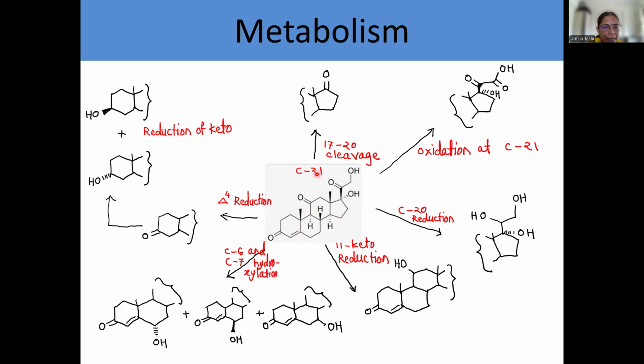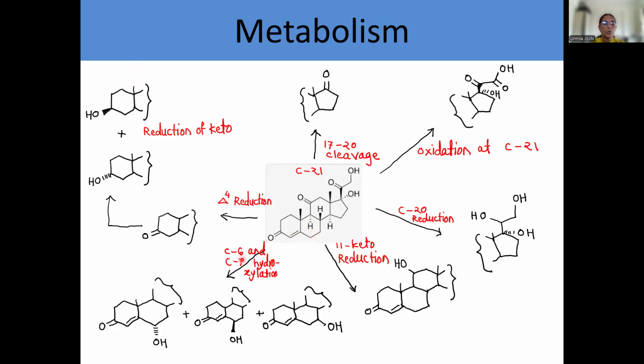You cannot write a structure in the first step with such a bracket, remember. Once the double bond is reduced, then the keto group is reduced, either to give 3 alpha hydroxy or 3 beta hydroxy steroid.